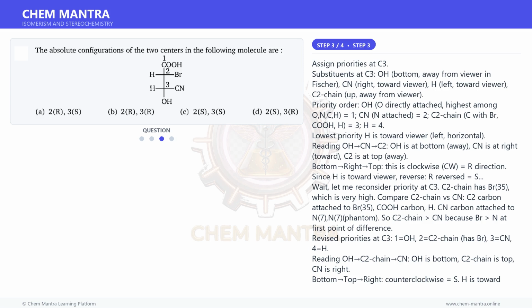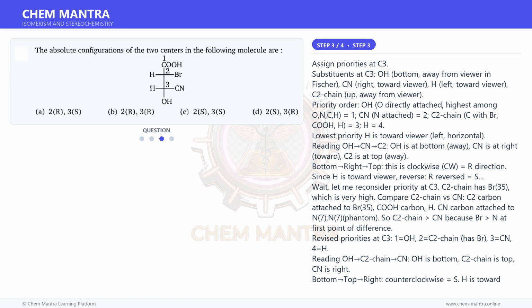Assign priorities at C3. Substituents at C3: O, bottom, away from viewer in Fischer; Cn, right, toward viewer; H, left, toward viewer; C2 chain, up, away from viewer. Priority order: O directly attached, highest among O, N, C, H, is 1; Cn, N attached, is 2; C2 chain, C with Br, Q, H, is 3; H is 4.